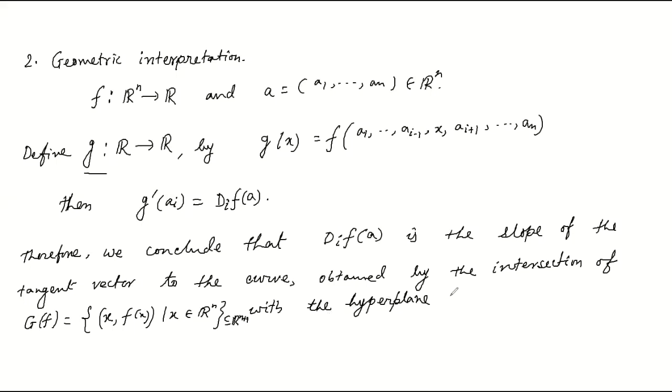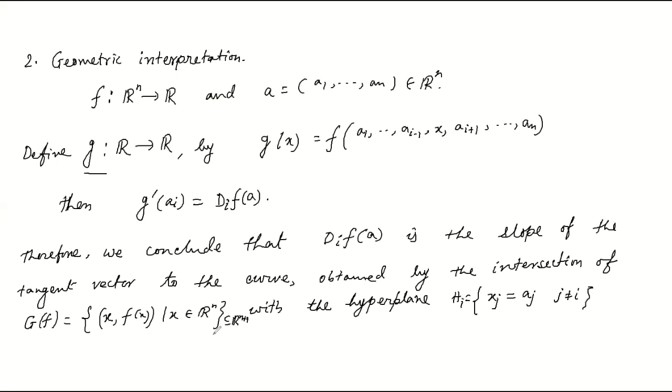So what is the hyperplane? H is defined by x_j equal to a_j when j is not equal to i. You may denote it by H_i.